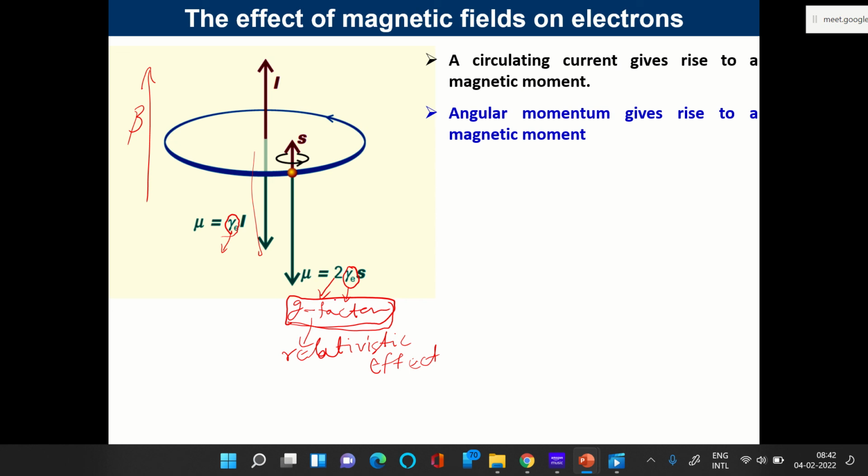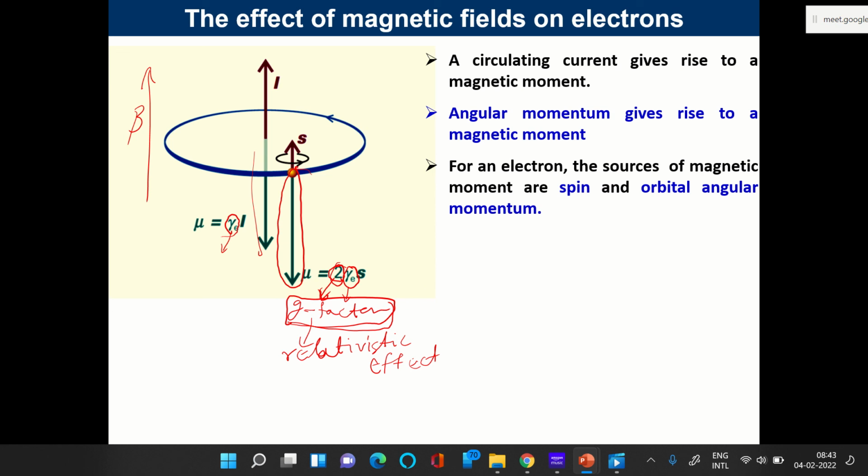Spin has an additional factor, the G factor, in the proportionality. You will find in the drawing that this arrow is bigger, the magnitude is much higher because of this factor of 2. So the spin magnetic moment is drawn with a bigger arrow. It is the theory of relativity coming in over there.